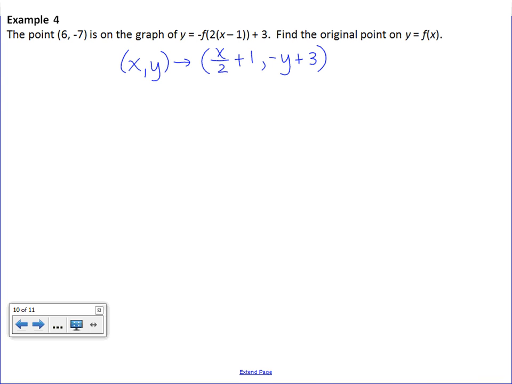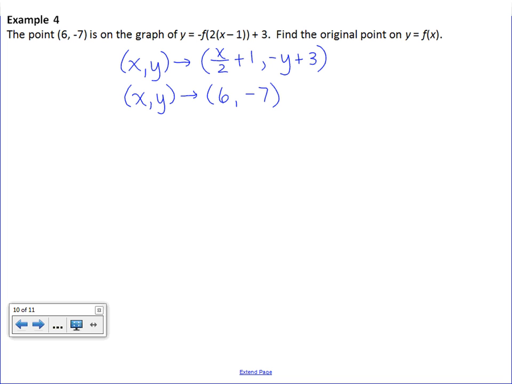Now I'm going to do something here, and I want you to think about it. Mystery point x, y needs to equal 6, negative 7. That's the goal. Mystery point x, y needs to map to 6, negative 7. And I wish there was something that equaled 6 in this scenario. I think it's x over 2 plus 1 equals 6.